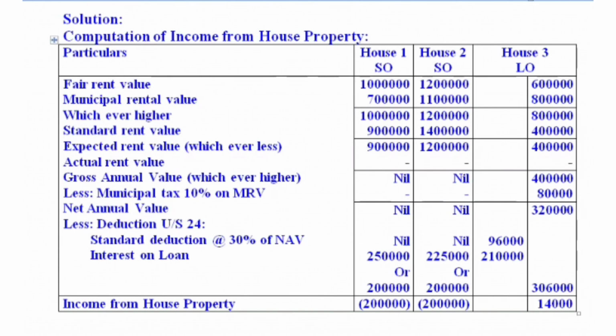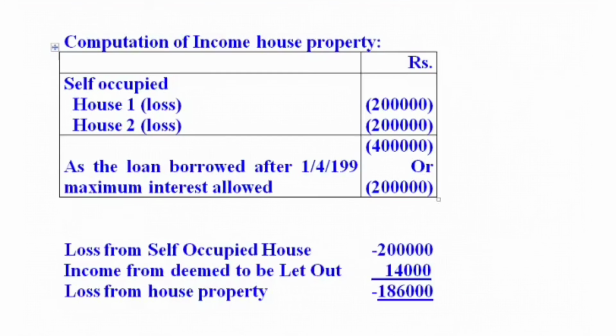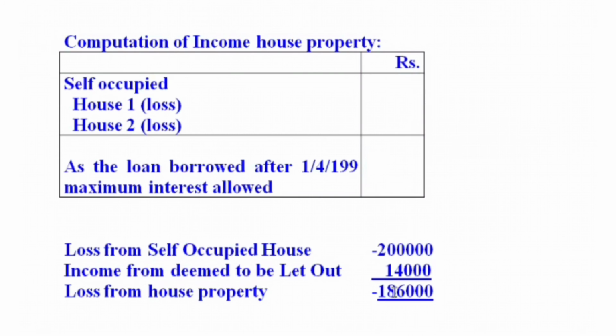So income from house property: for house 1 and house 2 there is a loss of 2 lakhs each, and house 3 will have income of 14,000. Then computation of income from house property. For self-occupied, for both the houses we derived losses of 2 lakhs, 2 lakhs.